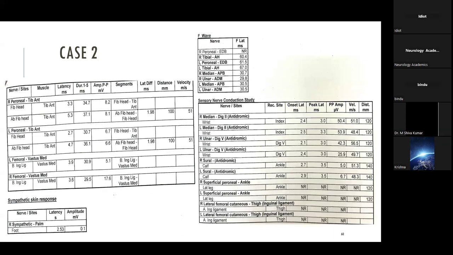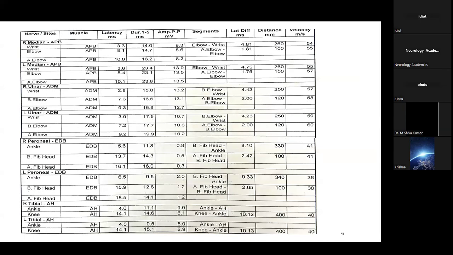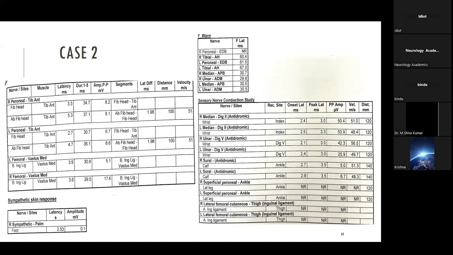Femoral is also affected on the left. So left femoral and peroneal are affected. On sensory, bilateral sural, superficial peroneal, and lateral femoral cutaneous are affected.